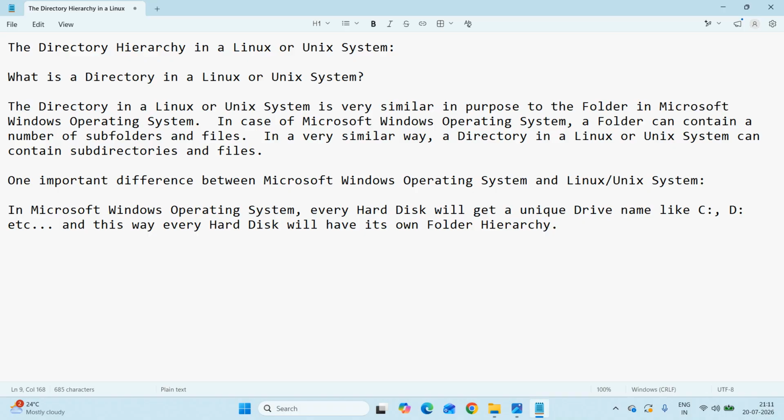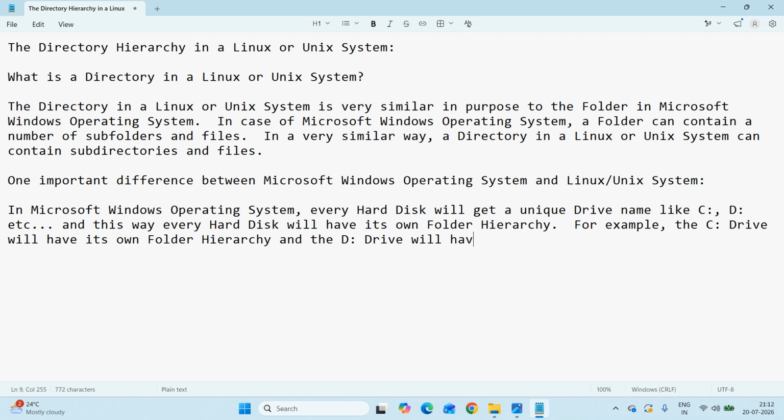For example, the C drive will have its own folder hierarchy, and the D drive will have its own folder hierarchy.